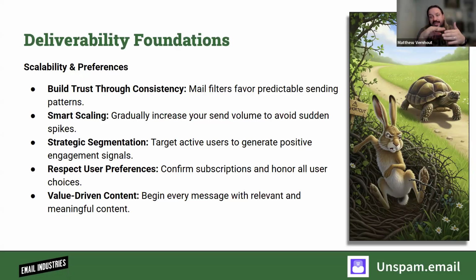There is a significant shift in filtering when they see multiples of volume overnight. It looks like something that's been compromised. So certainly consider that as we approach the holiday season. How do you increase your volume gradually over the next couple of weeks?